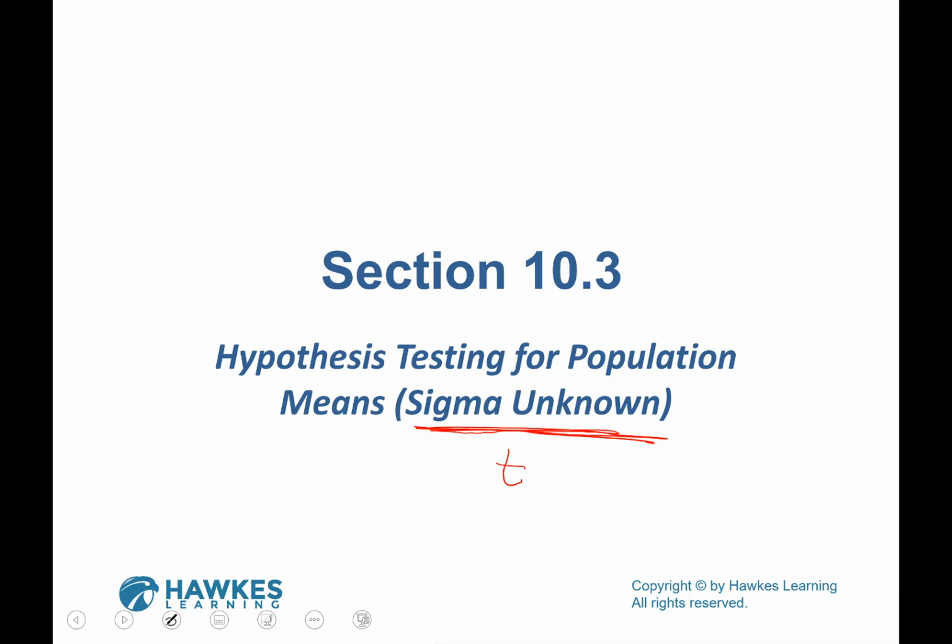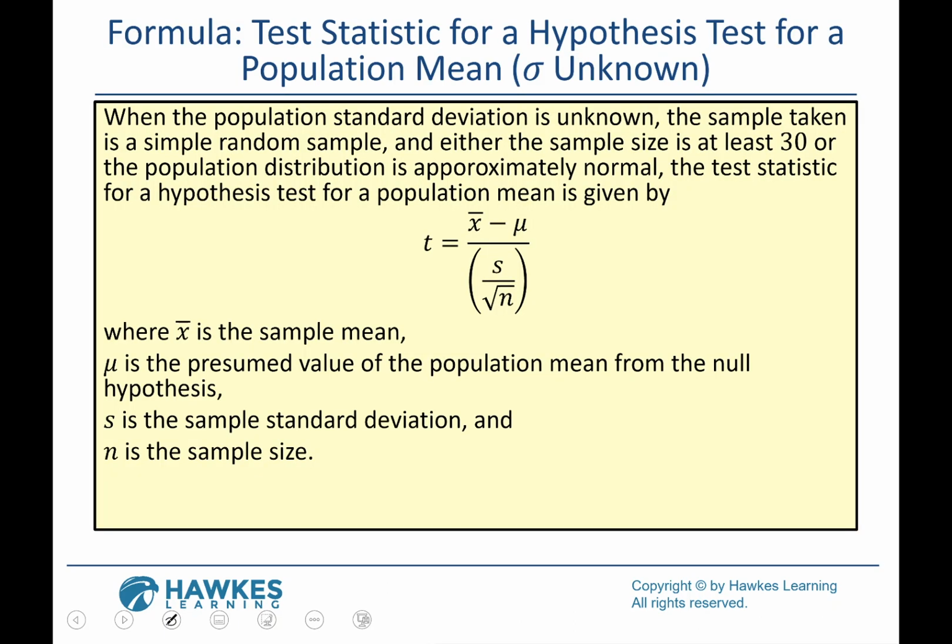So if we're going to use t instead of z here, we have a couple of adjustments we have to make. The first thing we need to adjust is our formula for a test statistic. So here's our formula I'll be using today.